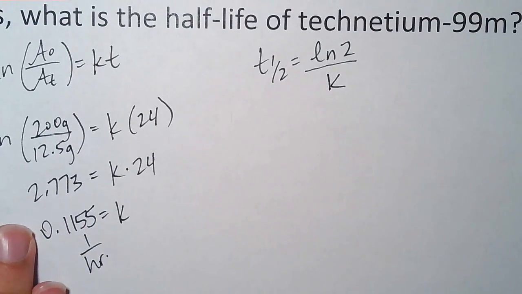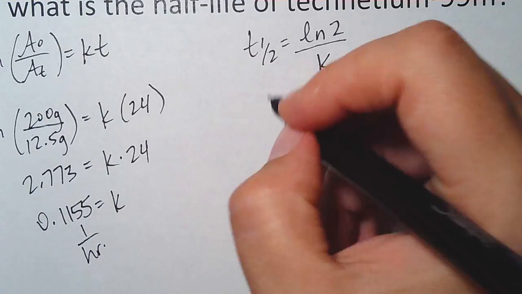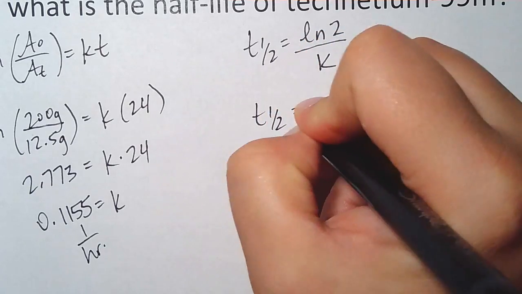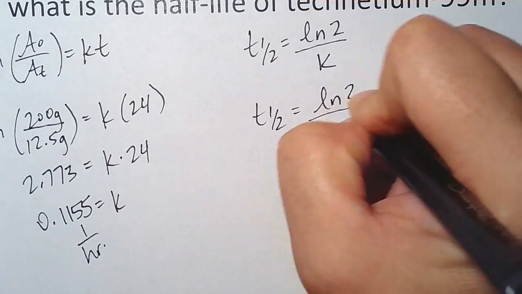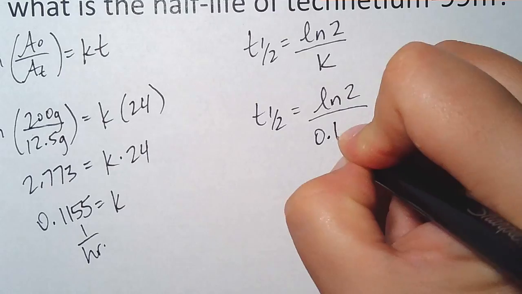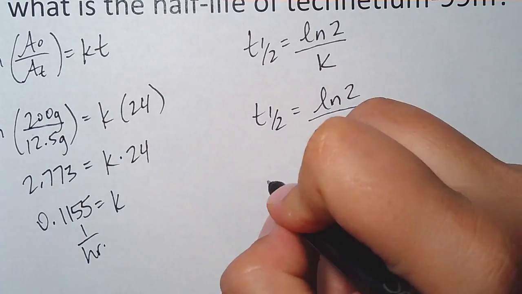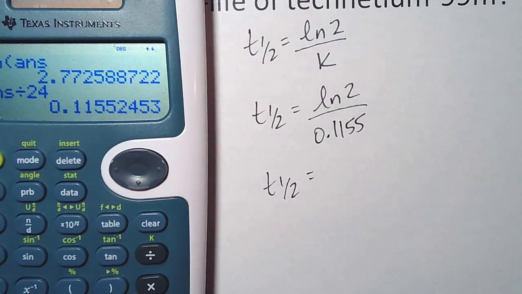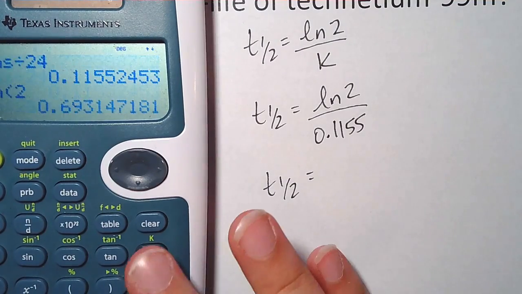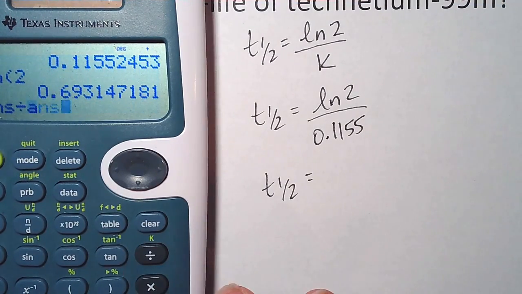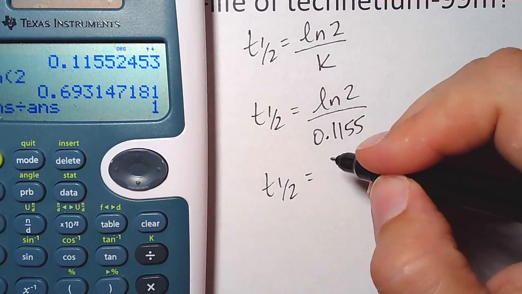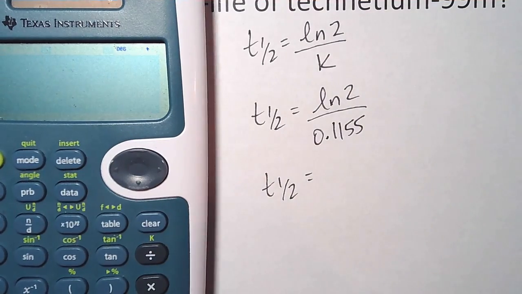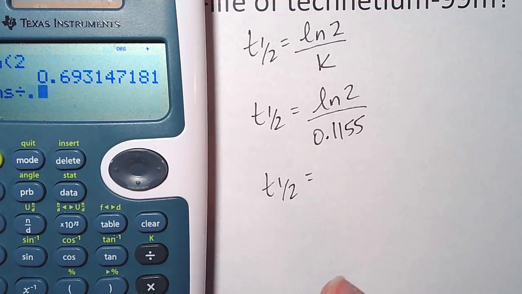Okay, so ln of 2 over 0.1155. Whoops. Let's try that again. ln of 2 divided by 0.1155 gives us 6 hours for our half-life.